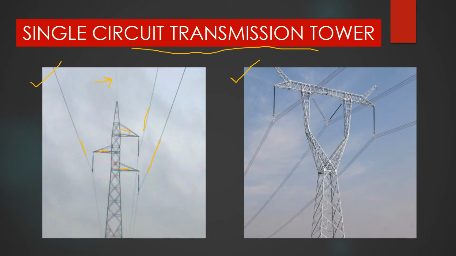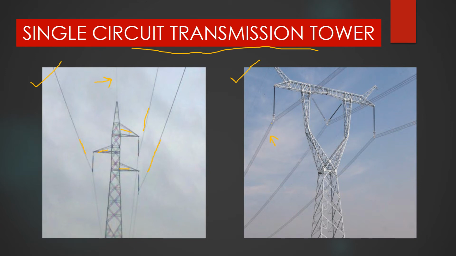Similarly, if you look at the second figure, the only difference from the first figure is that instead of a single wire, here multiple wires are making a single phase. Parallel lines are being used for making a single phase.